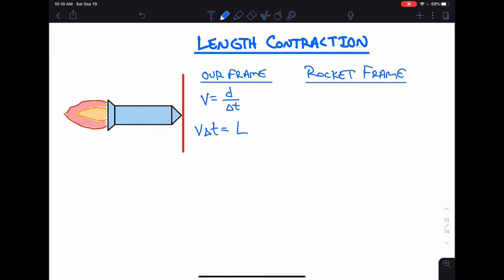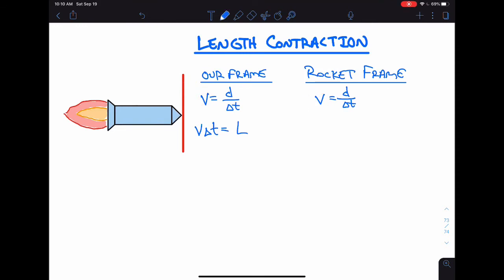Okay, well, V equals D over delta T. In this case, V is how fast this laser beam is moving, this gate, as it were, how fast it's moving. And it turns out that the rocket is going to see the same speed for this as we see for the rocket. So these two speeds are the same.